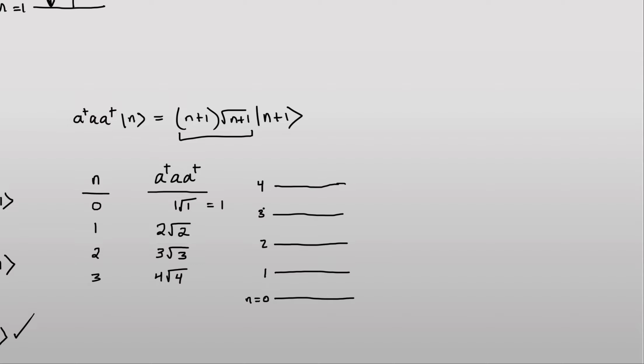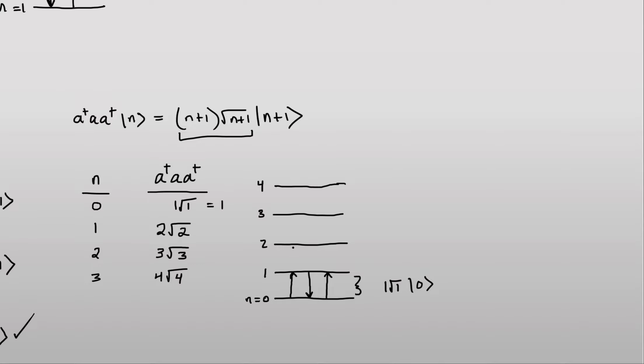And I'm doing this operation, which is here. So I create, then I annihilate, then I create again. And this series of operations is associated with just multiplying our 0 vector by 1 square root of 1.